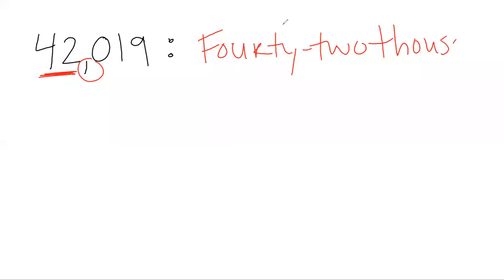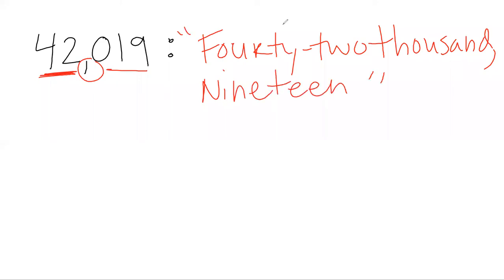So I see 42, and then there's a comma, so it's 42,000, comma, and then the last part I see is 19. So there it is, 42,019. We're writing it all out in word form.